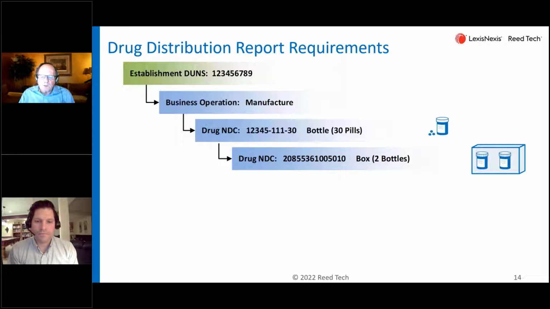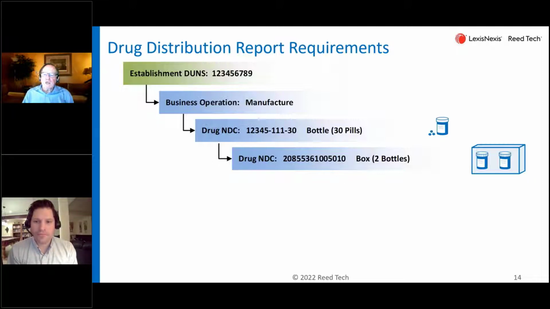I see a typo there, that's not an NDC number, it looks like a GTIN number, but we'll fix that when we distribute the information in the PowerPoint presentation. So this would be a next higher level of packaging. The box would be the outermost packaging, and then report quantities for that, and then also do the math to figure out how many actual bottles were distributed.